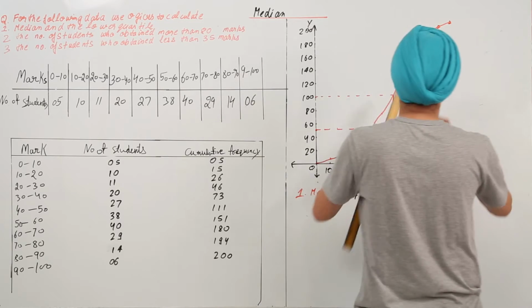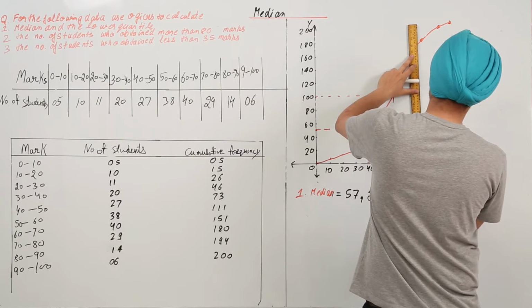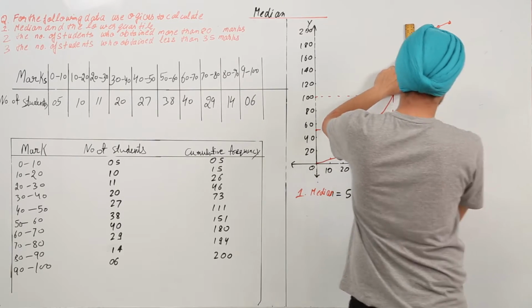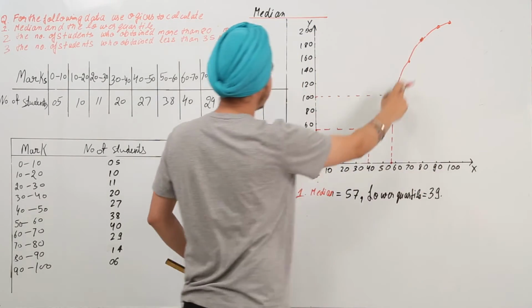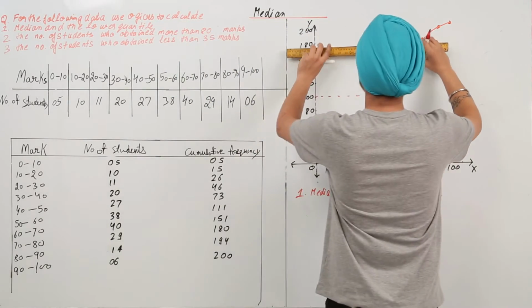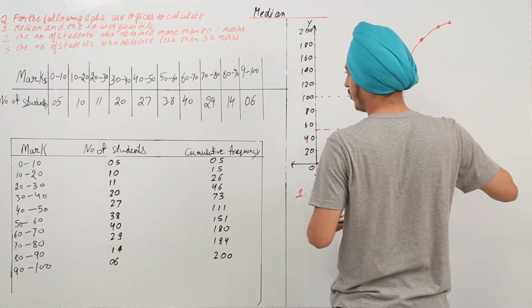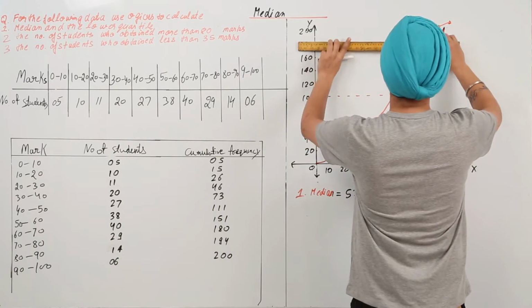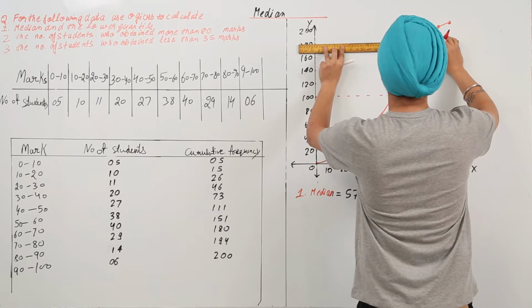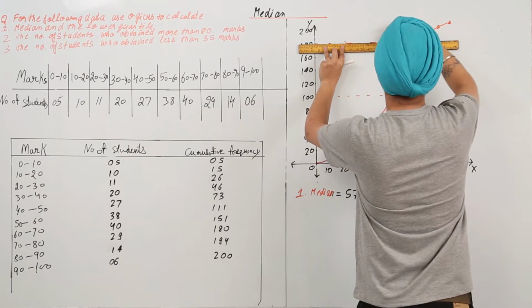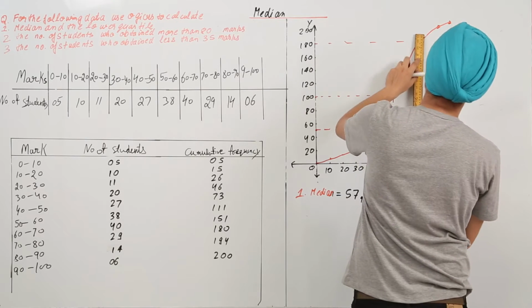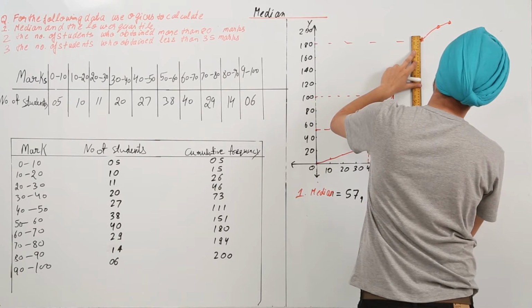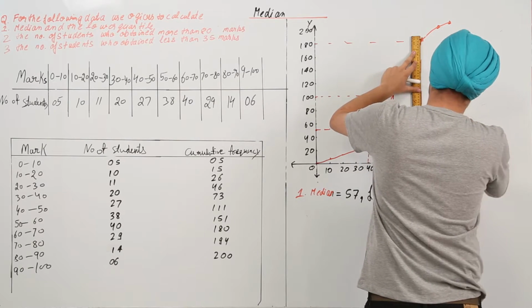The vertical line will go over here, and this point is going to be 80 comma 180, and this line is going to meet 180 from here, right? This is how it's going to go.